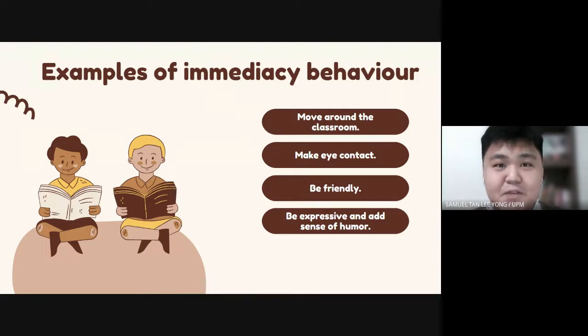But beware that the line between humor and offense is actually very blurry. So maybe you say that as a joke, but students take it as an offense. So you will have to be very careful about that when you apply it in the classroom.